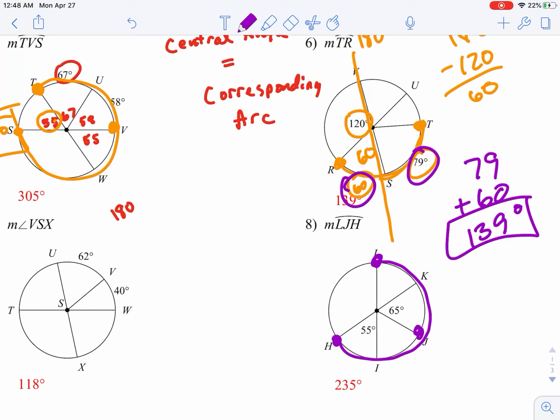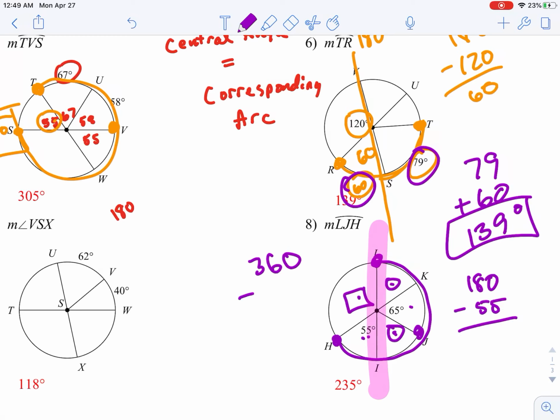All right, so if you look at this, like 1, 2, 3, 4, 5 pieces, right? I could find all 4 of these, so I'd have to find that one and that one. Or if I find this guy, I could do 360 minus that, okay? All right, so again, if you don't know where to start, 180, okay? So 180 minus 55, it's 125, okay?